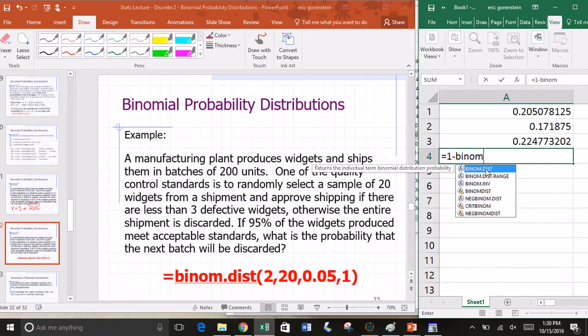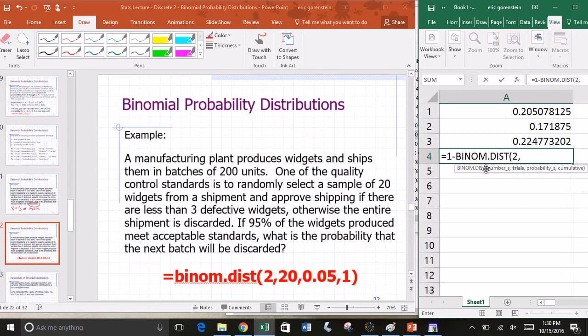the binomial distribution, and we'll do 2 successes out of a sample size of 20, so that's 20 trials. Probability of success is, say, 95%, and cumulative function 1. So, I'm not going to use 95%. What's the probability of 1 reject? Well, if the probability of 1 good widget is 95%, the probability of 1 bad widget would be 5%.